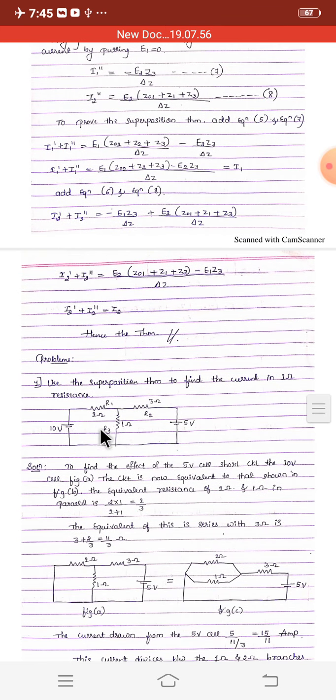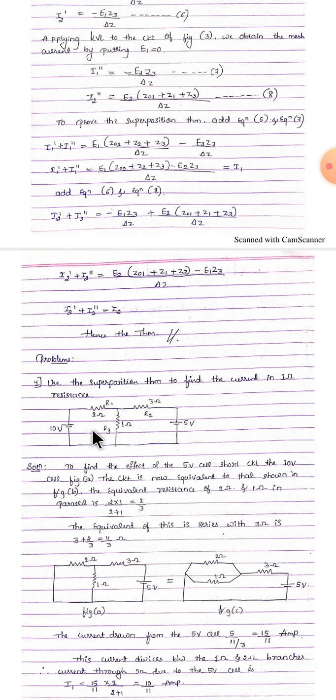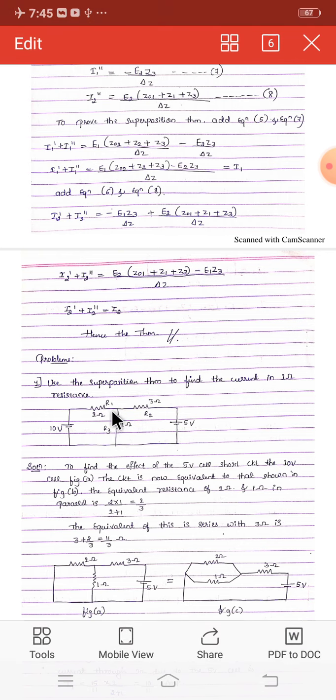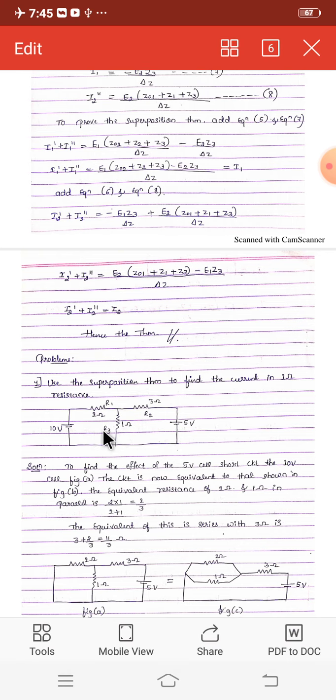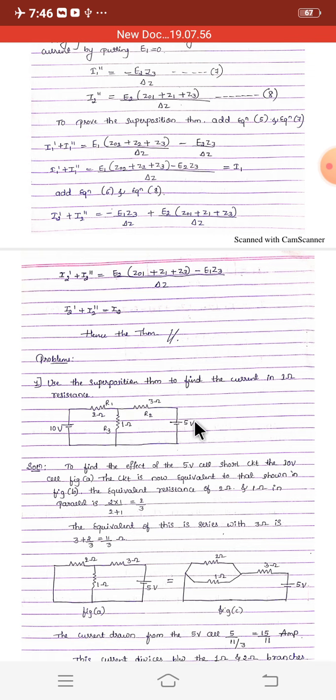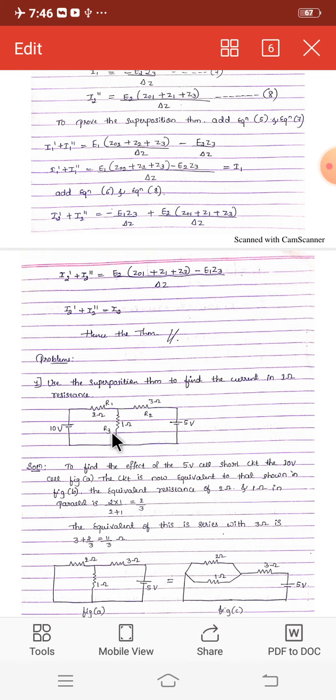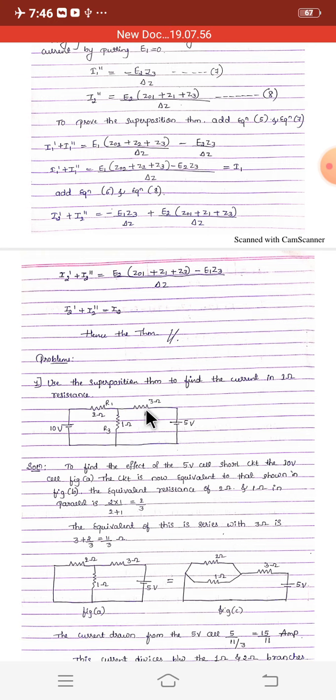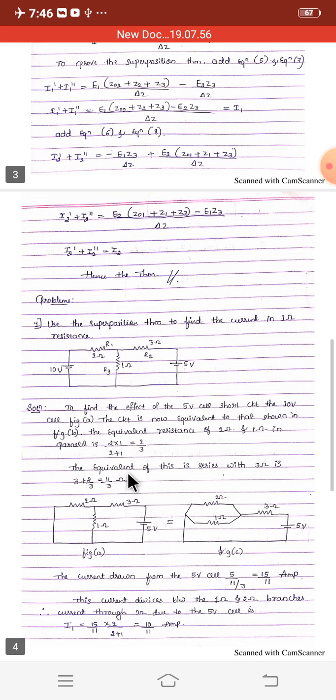Whenever they give the example of 5 volt and 10 volt, in that we have to use only the superposition theorem. See here, first take this mesh: 5 volt, 3 ohm and 1 ohm, and 2 ohm is also there. When we are using 5 volt, 2 ohm and 1 ohm are parallel, in series with 3. So solve that resistance.